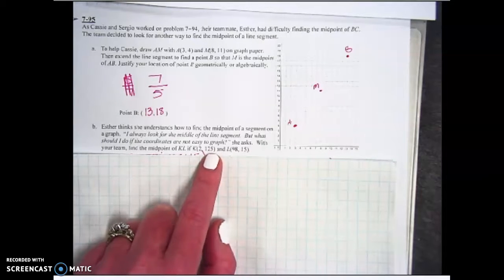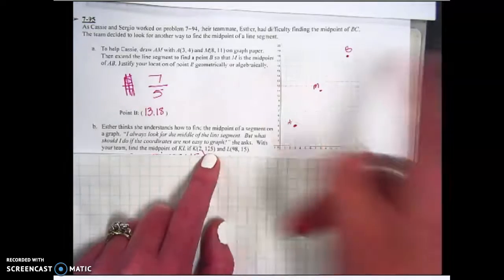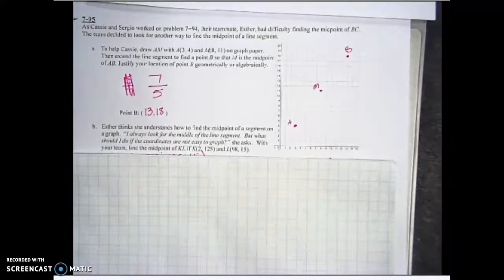How'd you like to have a graph where you had to count all the way up to 125? That's kind of a really large number to fit on a coordinate plane, right? I mean, if you were in Desmos, you could shrink it or make it bigger. But if you're just on a piece of paper, either it's going to have to be small or you're going to need a big piece of paper, okay?